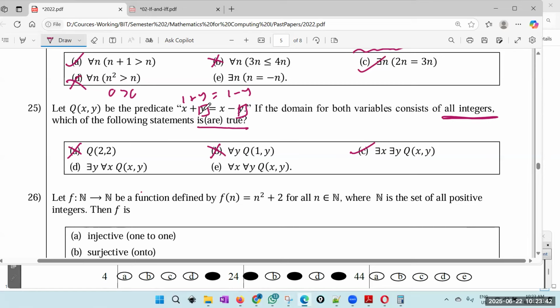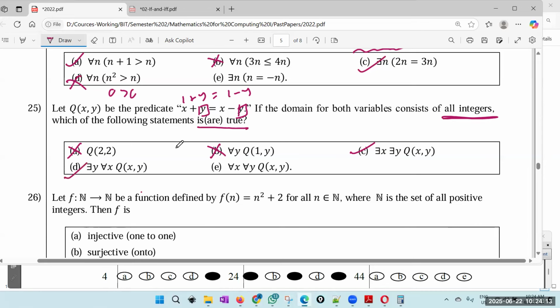If y is 0, then something plus 0 is the same as something minus 0. Correct. Because 0 is an integer, when we take y as 0, this is true for any x value, because any value when you add 0 and subtract 0, you get the same value. This is correct.